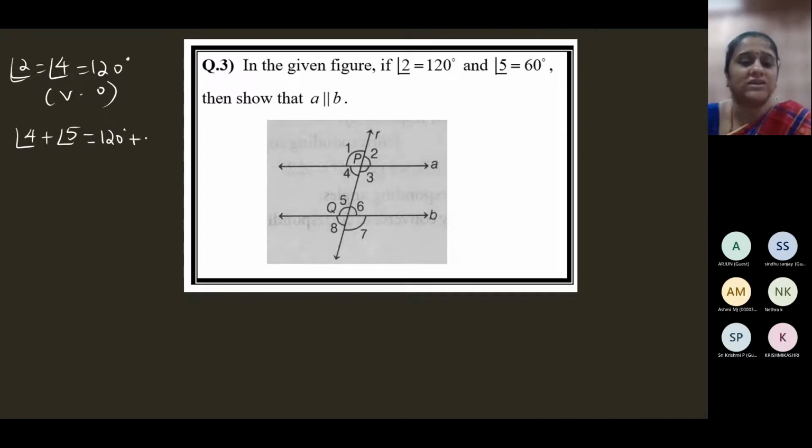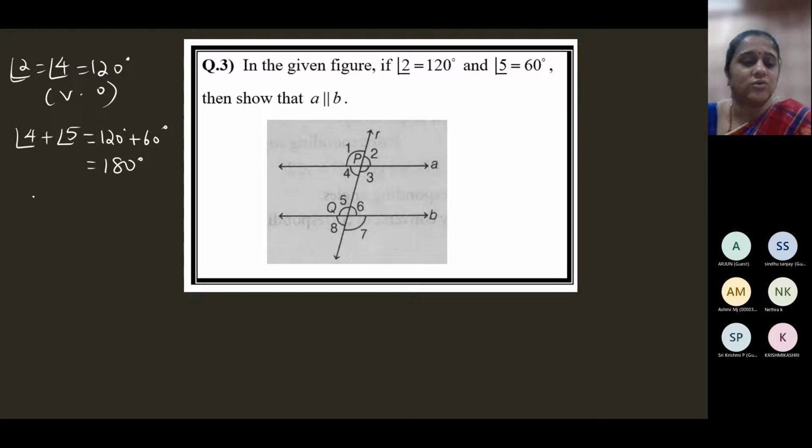What's the measure of angle 5? 60 degrees. So angle 4 plus angle 5 is 180 degrees. When you add angles 4 and 5, their sum is 180. Angles 4 and 5 form a pair of co-interior angles.